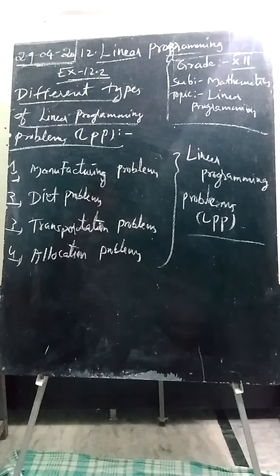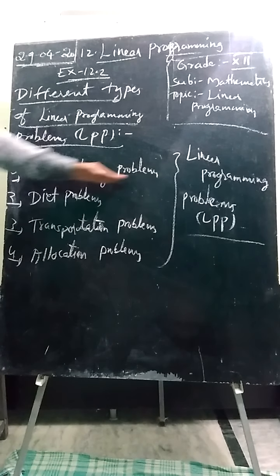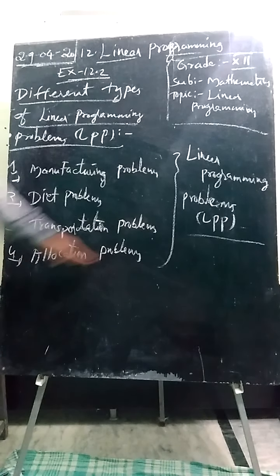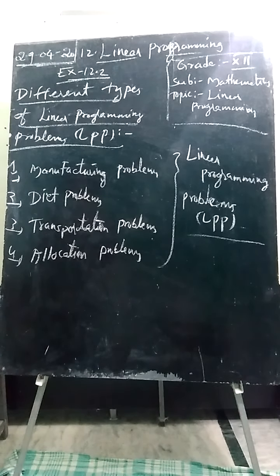As we discussed in the first part, all these linear programming problems are applications of real life examples, for example different manufacturing problems, diet problems, transportation problems, and allocation problems.